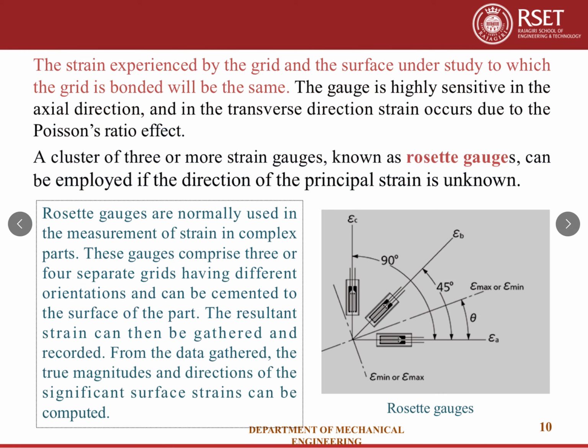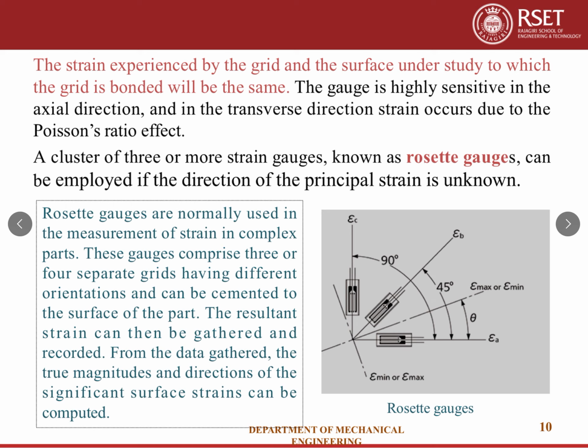The strain experienced by the grid and the surface under study to which the grid is bonded will be the same. So by making proper bonding, the strain experienced by the strain gauge and the surface on which it is mounted will be the same.